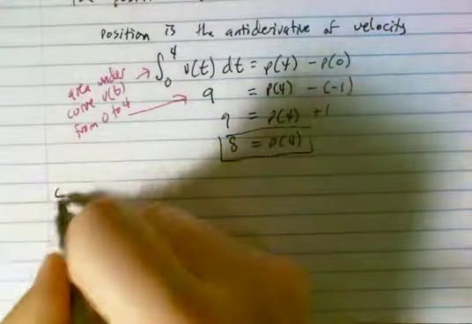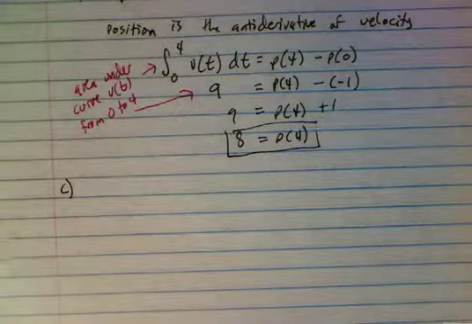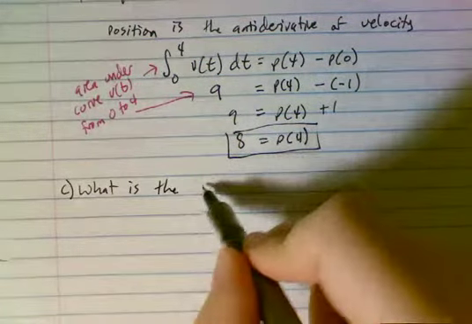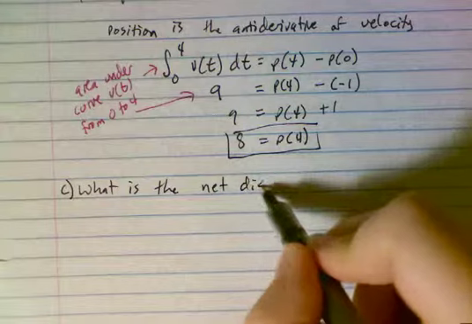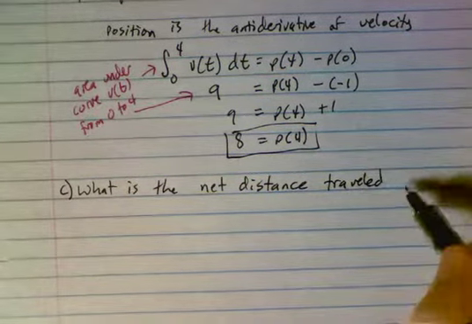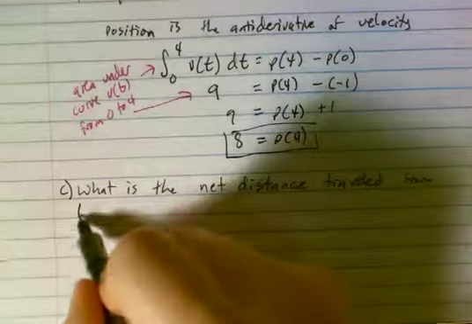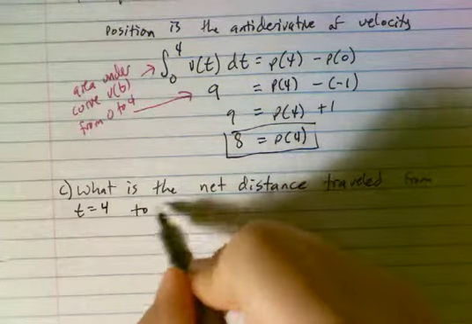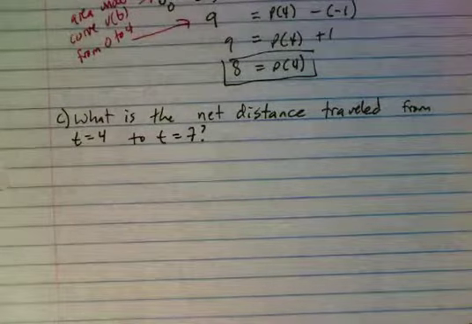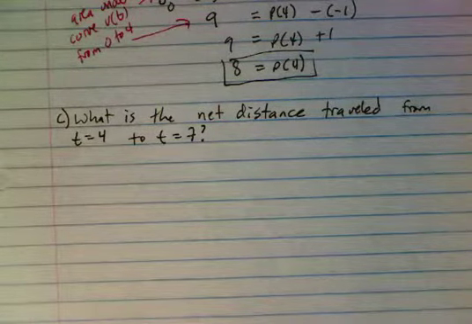Now, these are some of the newer ones. Let's say, what is the net distance traveled from t equals 4 to t equals 7. And this one you have to look back on that original piece of paper that I had you memorize.